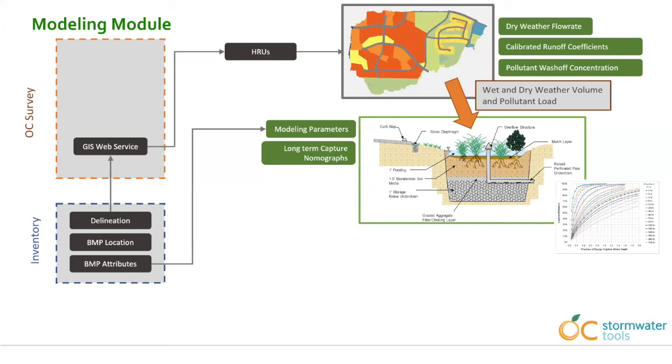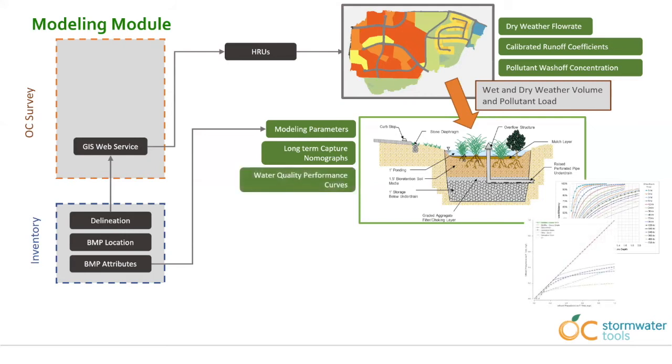Our nomographs consider different drawdown times and different BMP volumes at different sets of compartments like media and gravel storage and infiltration. And then we can also use functional curves that are built of local monitoring and of data stored from the International BMP database.